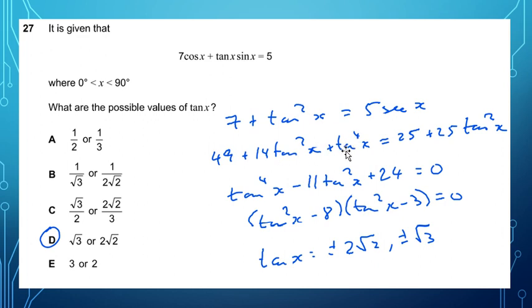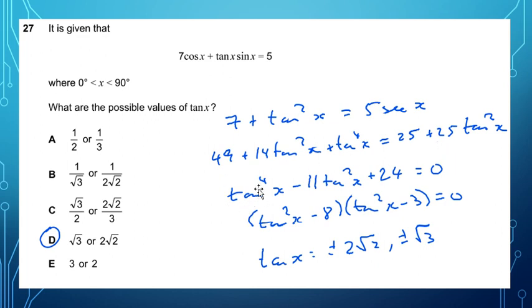Let's not worry about that too much. On the other side, we're going to get 25 sec squared, and we'll replace sec squared by 1 plus tan squared. So that's why we've got this here on the right hand side: 25 times 1 plus tan squared x. So this is now all tan. We can collect to one side, and we get the biquadratic.